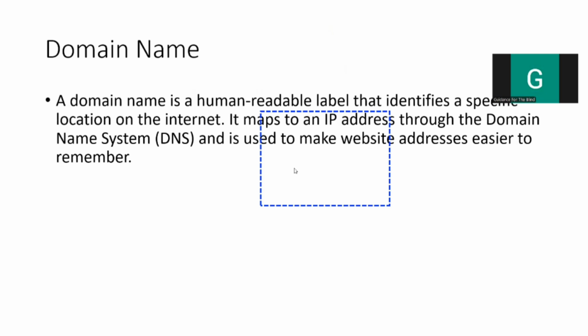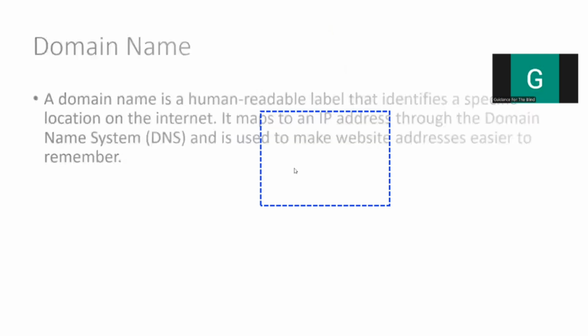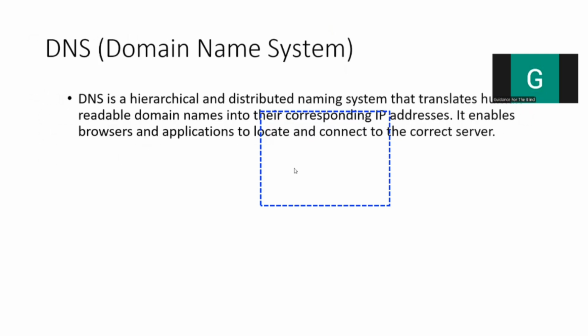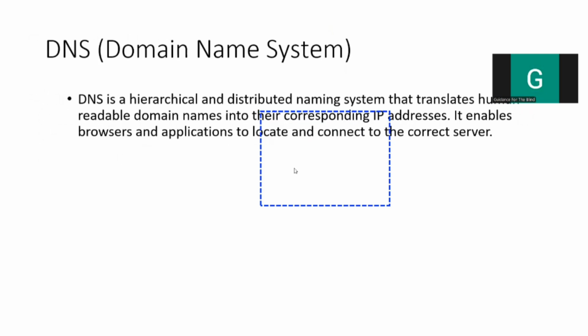Okay, now the next thing that comes into play here is DNS, that is domain name system. Now, what does domain name system do? We enter a particular domain name, for example, Google.